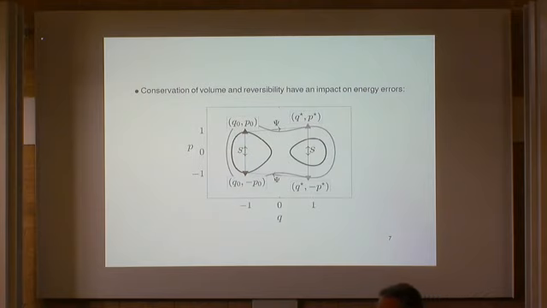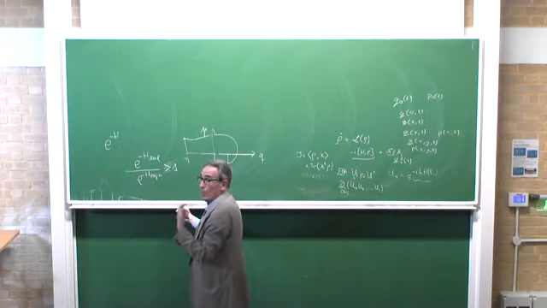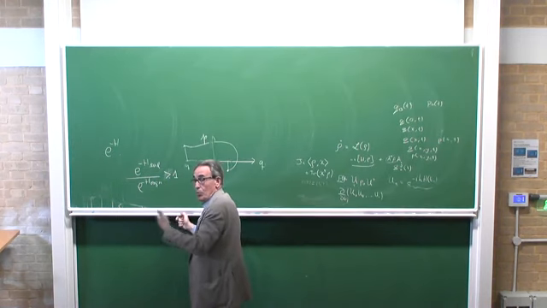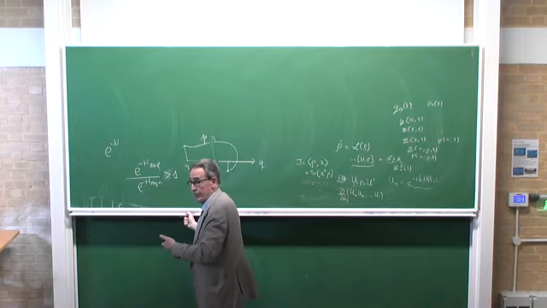So in fact, if one were averaging with respect to the standard Lebesgue measure, dP dQ, then on average your energy error would be 0. Now here it is different because the distribution we are sampling from is e to the minus h. So, as I told you before, points with a lower energy have more weight.